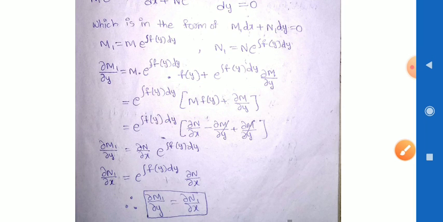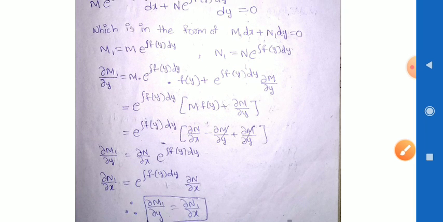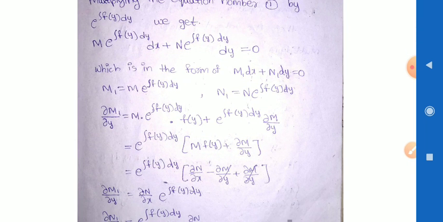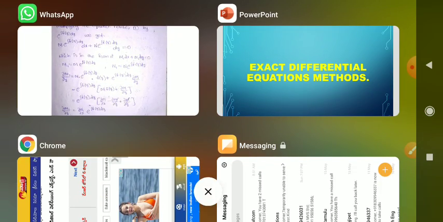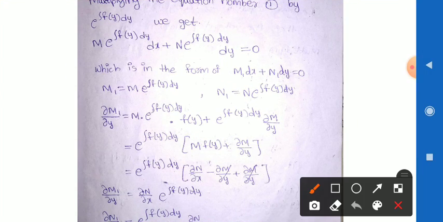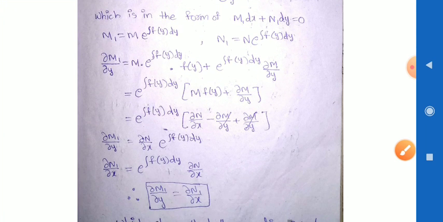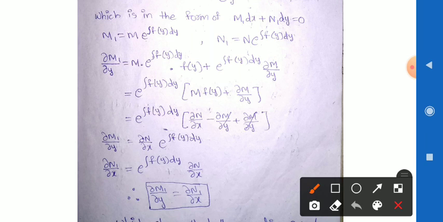And similarly for N1, I am doing partial differentiation with respect to x. We get ∂N1/∂x = e^(∫f(I)dy) × ∂N/∂x. Therefore this ∂N1/∂x value and ∂M1/∂y value are equal.